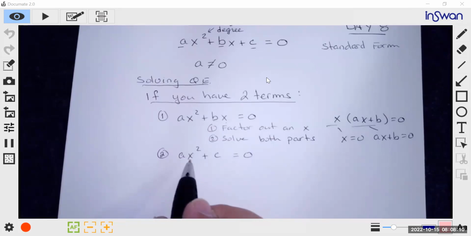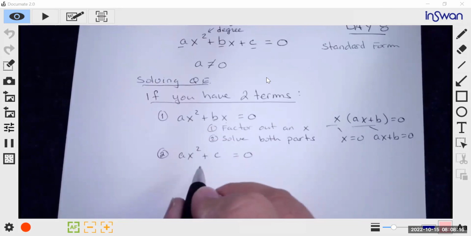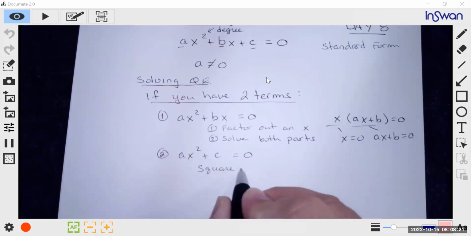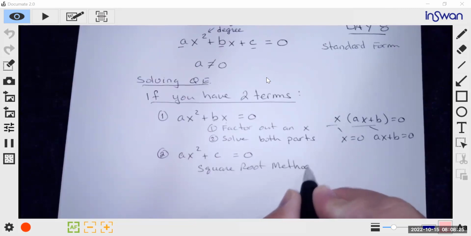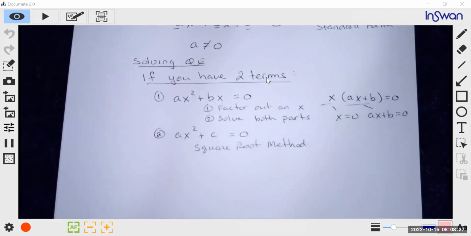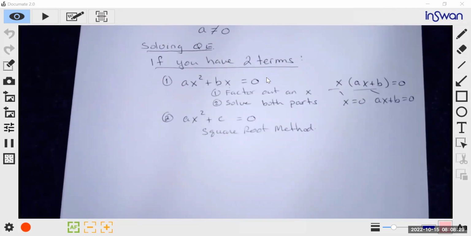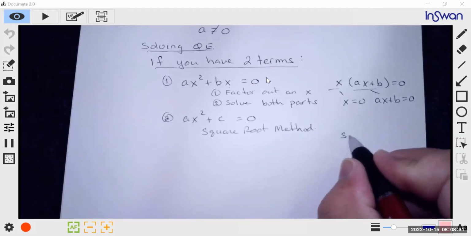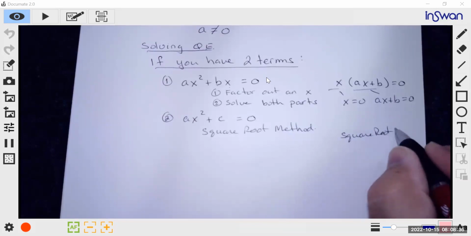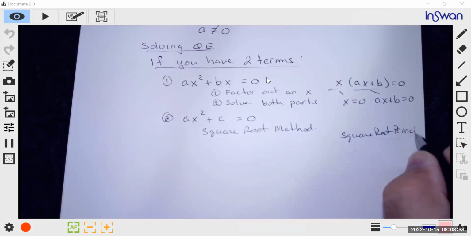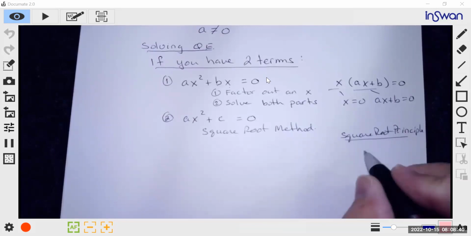If you have two terms and only one term has the x, where the x squared is there, then we have to use the square root method. The square root principle says this.